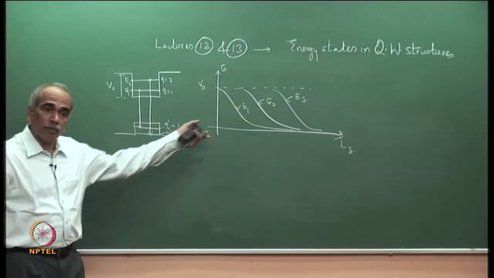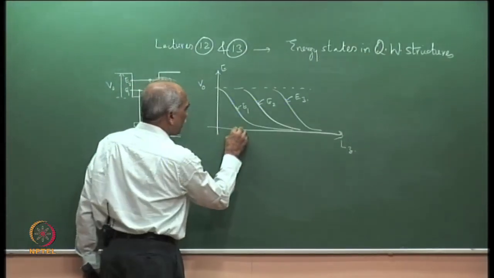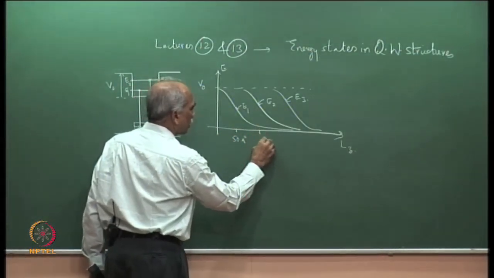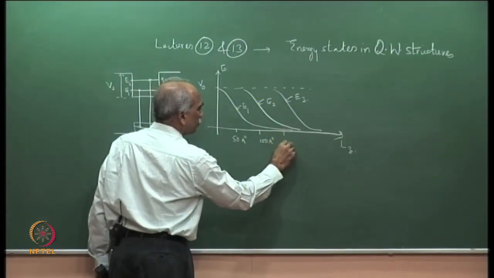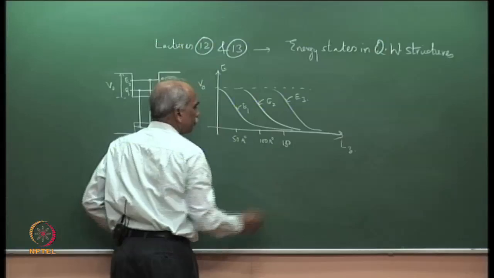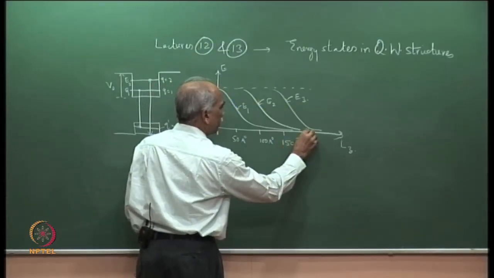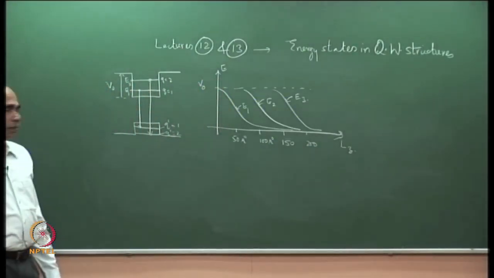This has some very important implications in practical devices. The numbers could typically be 50 angstrom, 100, 150, 200 angstrom, typical numbers.